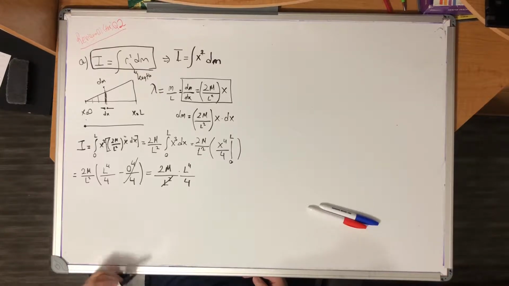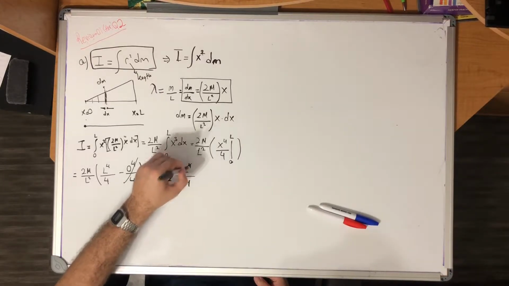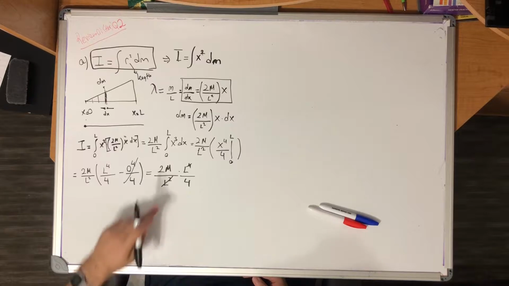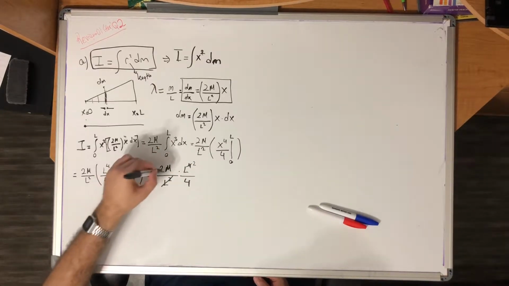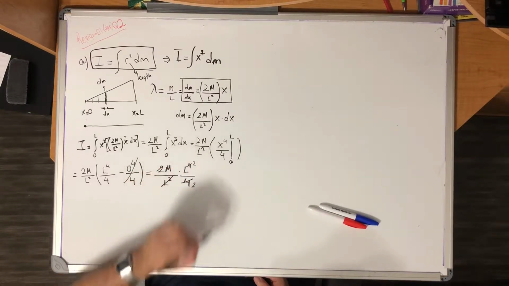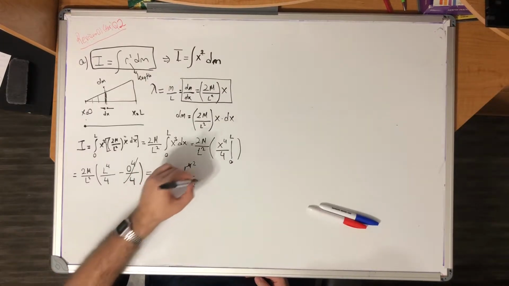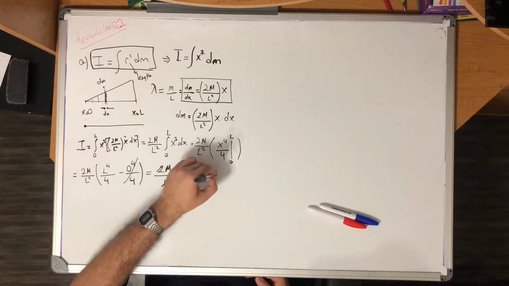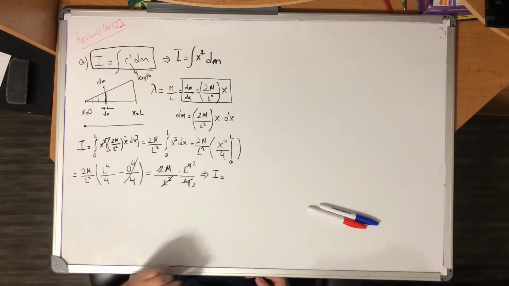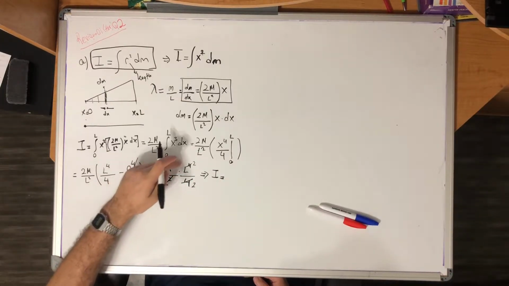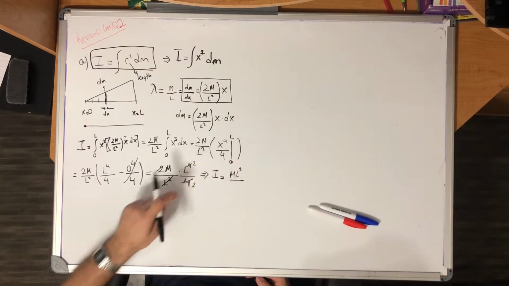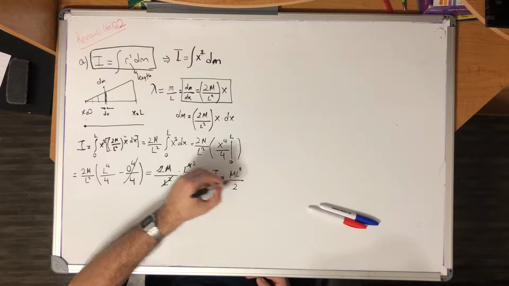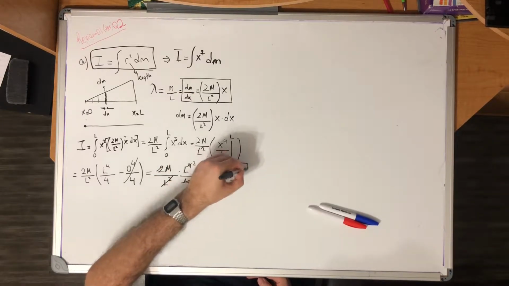L squared: you have 4 L's there, but you have 2 right here, so it's going to bring it down to 2. You have 2 here, 4 here, so that's going to cancel out to 2. As a result, my moment of inertia for that triangle is going to become mL squared divided by just 2. And that's what they wanted you to do.